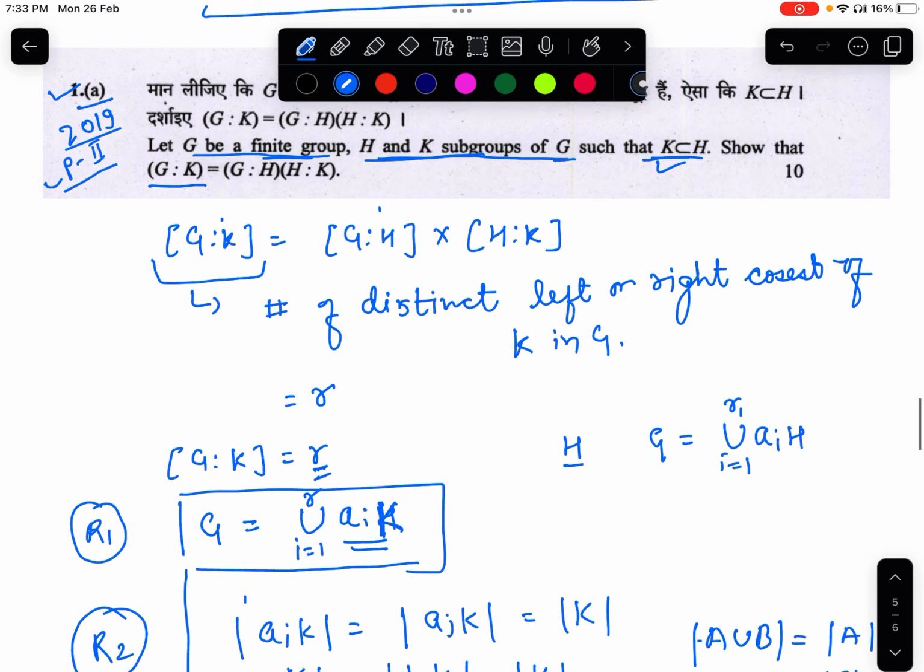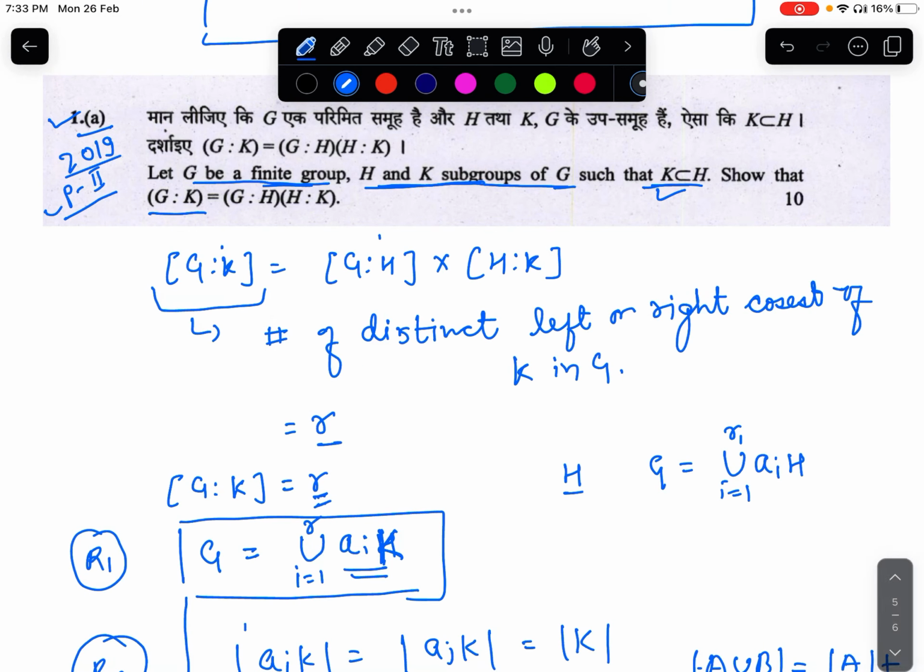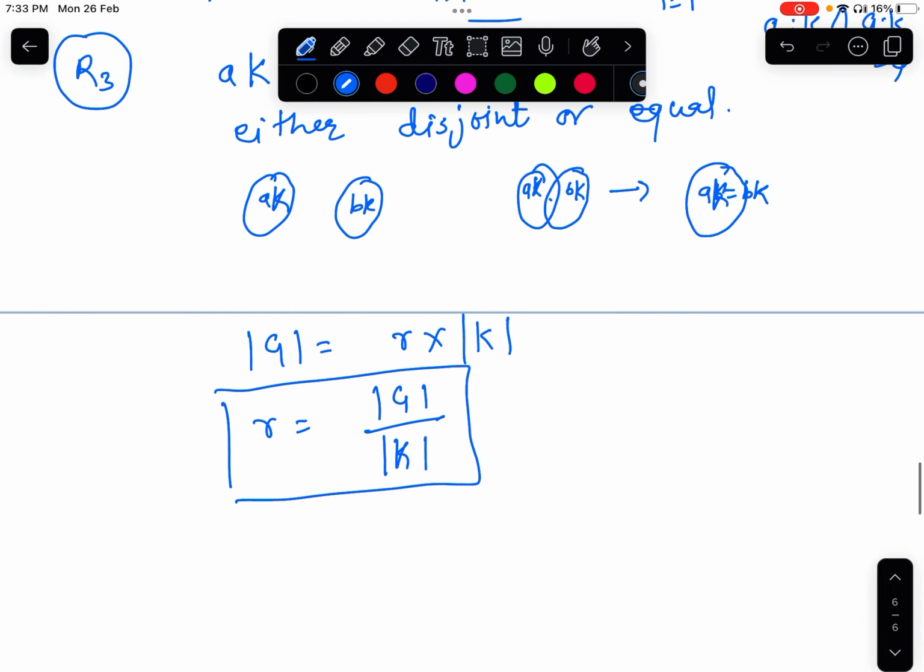In the beginning, we took R as the number of distinct left or right cosets of K in G. That means the index of K in G is equal to R. So the index of K in G is equal to the order of G divided by the order of K.